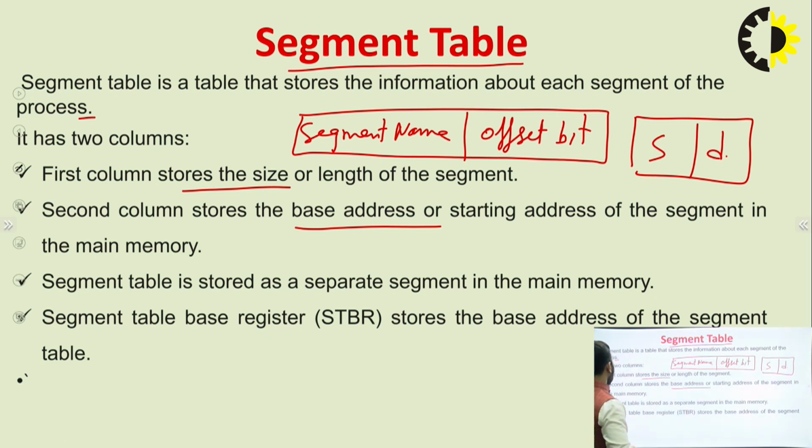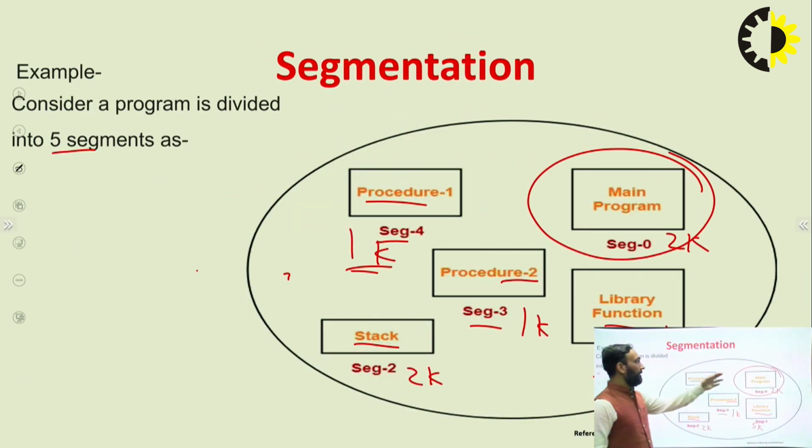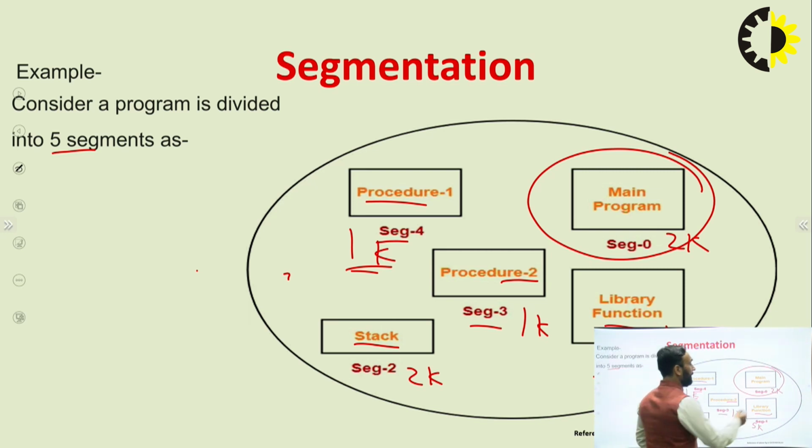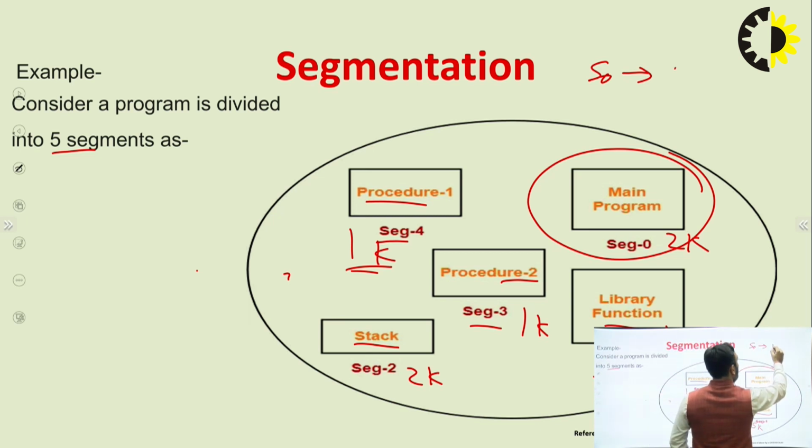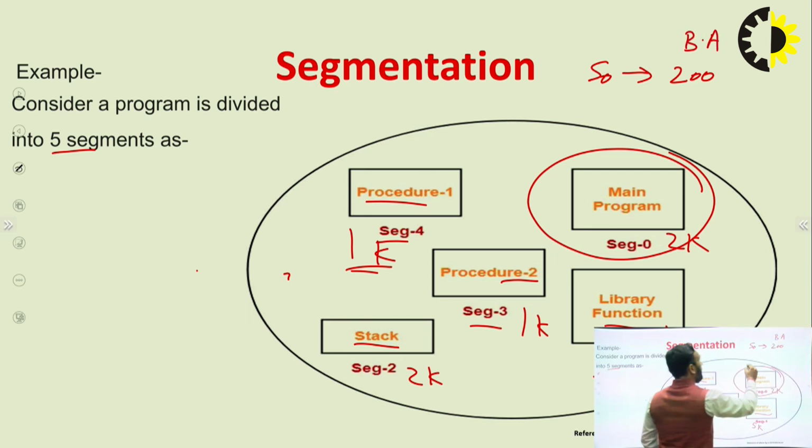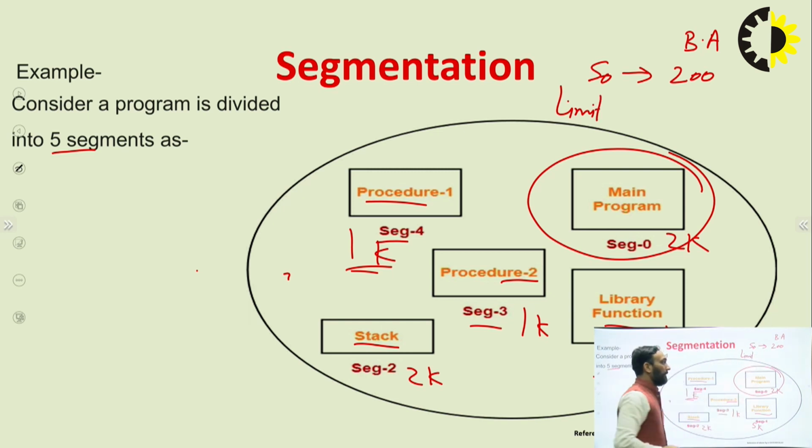One thing is also discussed here. I will go to the previous slide. As I said, the size of main memory is 2K. So segment S0, for example, is stored at location 200, that is the base address, and the limit is the most important part of segmentation.